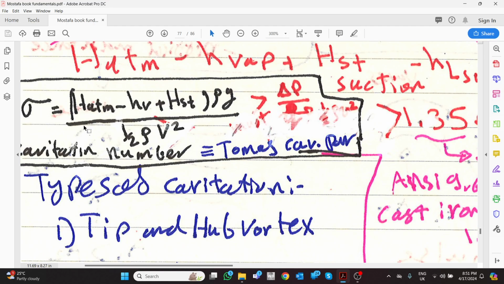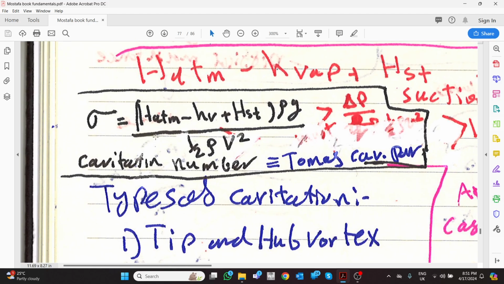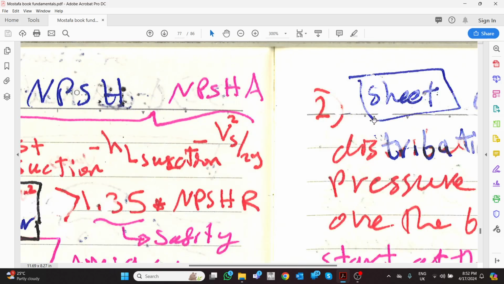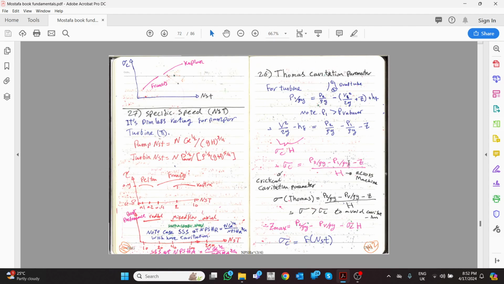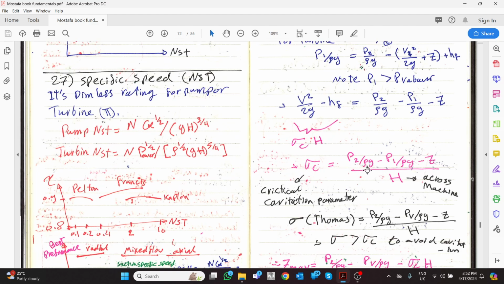Let's close also cavitation. It's the chapter of cavitation now, better than later. We discussed this one: atmosphere minus vapor plus H static, rho g over half of v squared, should be bigger than the cavitation number, the Thomas number. Same, I don't want to repeat it again, but we just discuss it here.